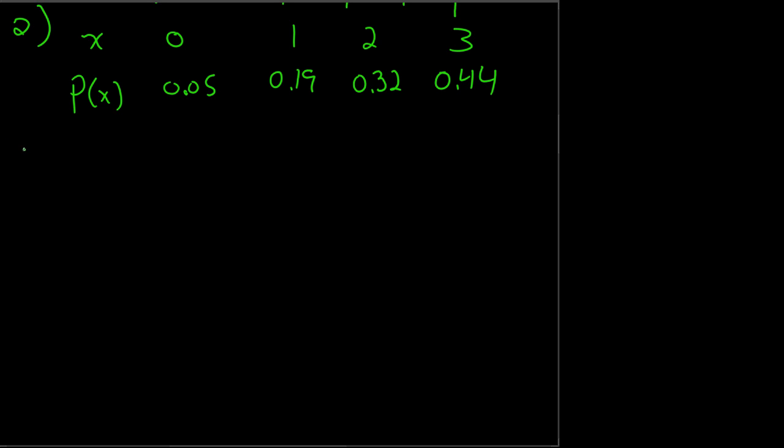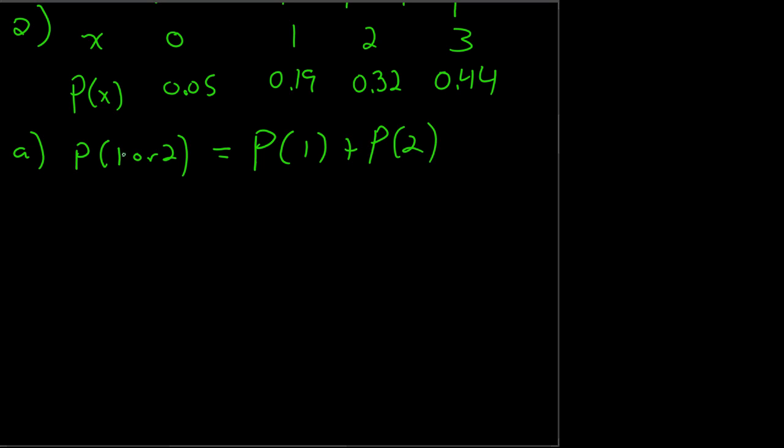And so the first question says, hey, find the probability of randomly selecting a household that has 1 or 2. And ORs from probabilities add. So we want to take the probability of 1 or 2 and add them.